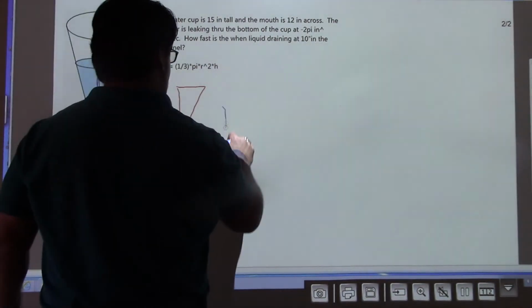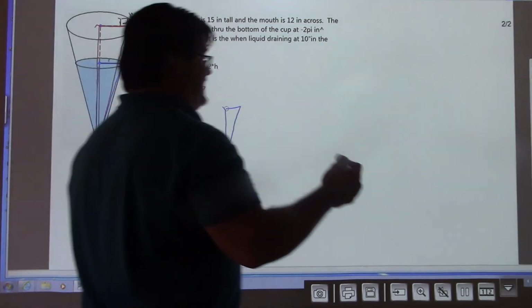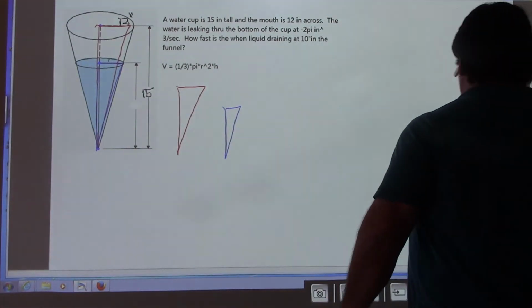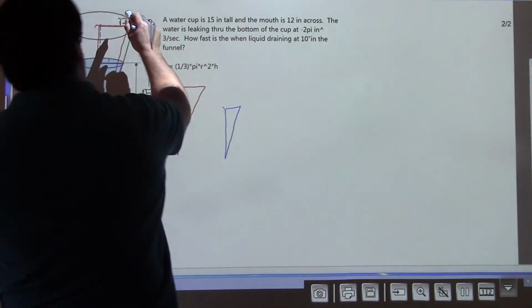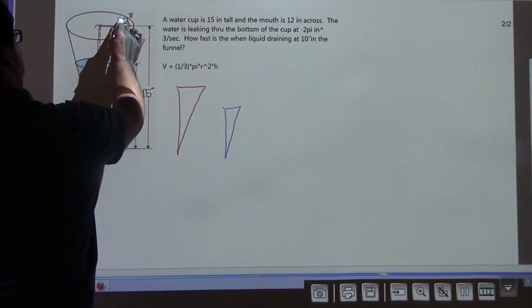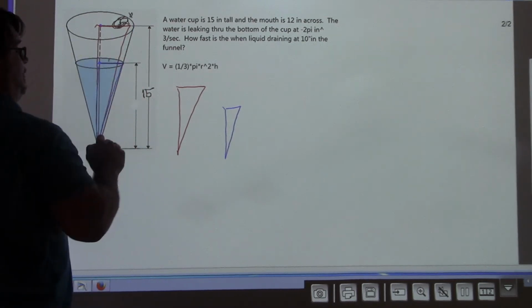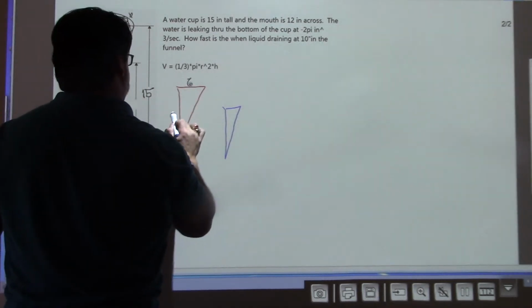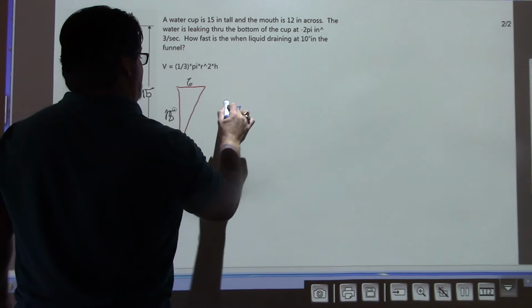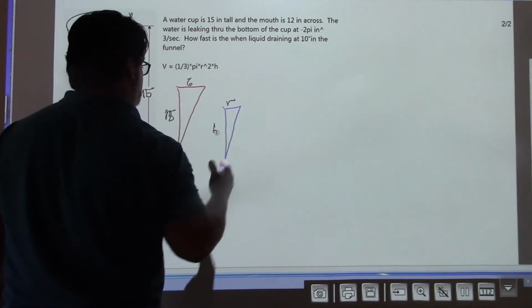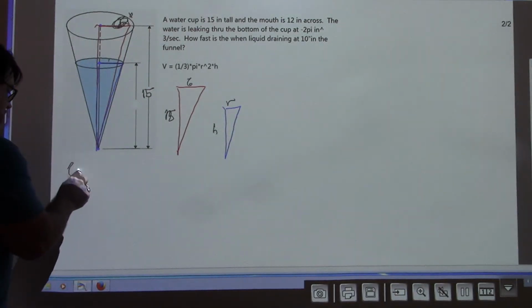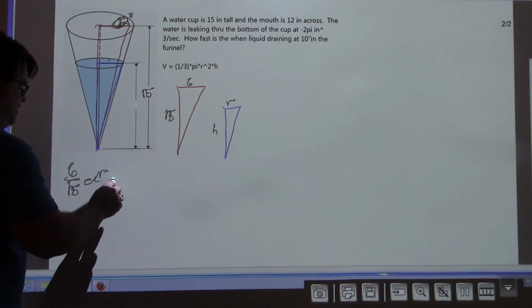This will be 6, sorry, 6 inches, because the whole thing is 12, my bad. So that'd be 6 inches is to 15 as R is to H.